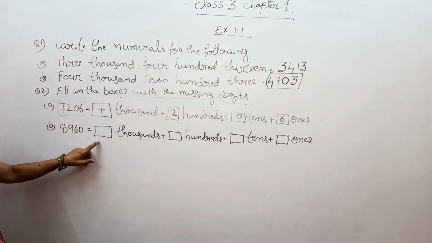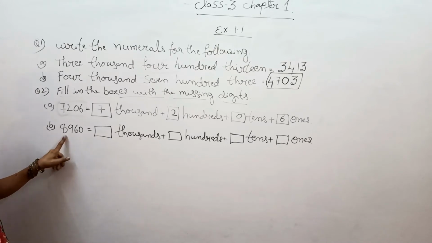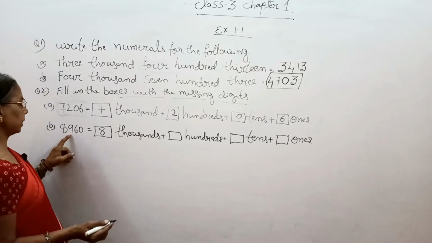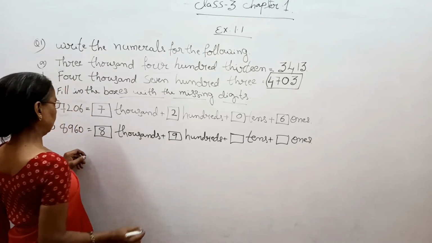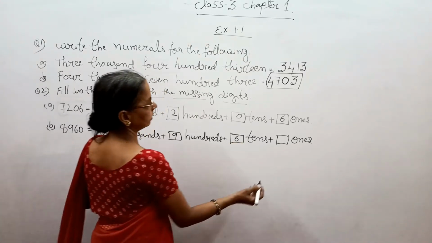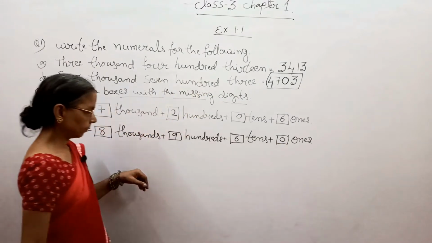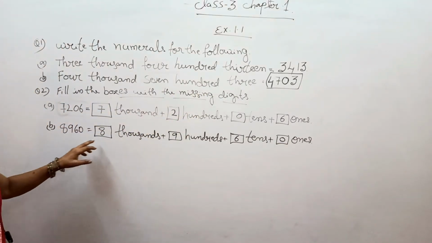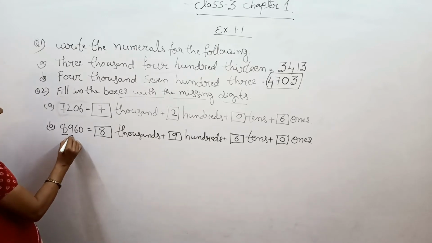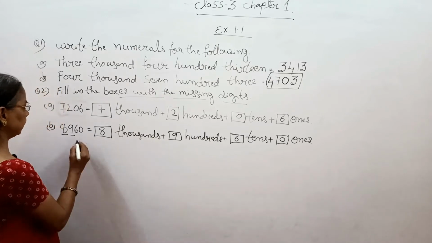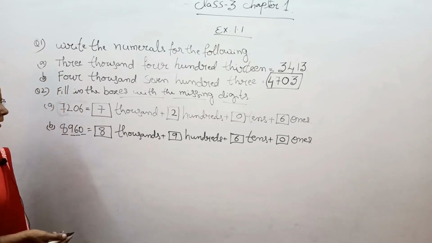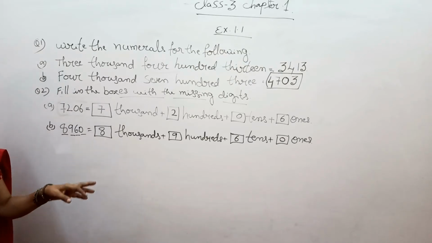Now the first box will be filled by 8, and second one hundreds, that is 9, and third one that is 6, and fourth one it is 0. That is, in thousand place it is 8, in hundred place it is 9, and in tens place it is 6, and in ones place it is 0. Like this we have to fill the boxes.